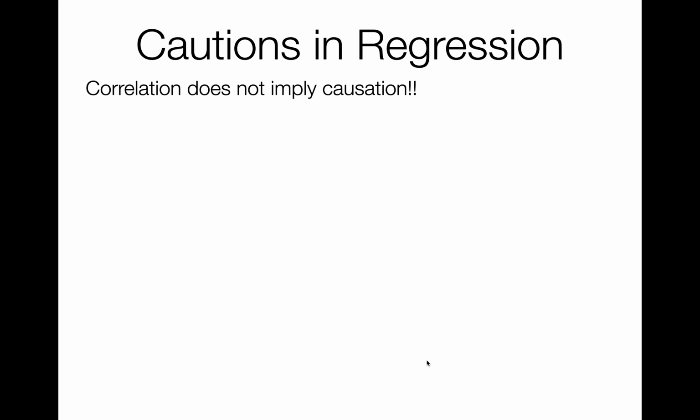The last thing that I want to talk about and spend some time on, although I know this video is long and I'm sorry for that, is the argument that correlation does not imply causation.